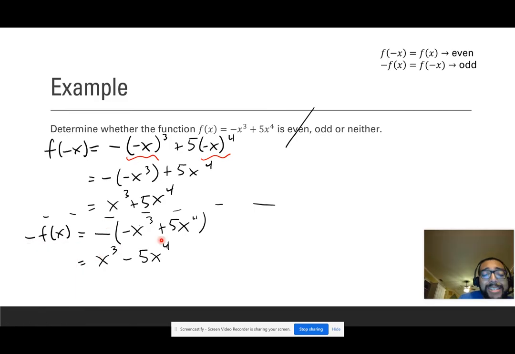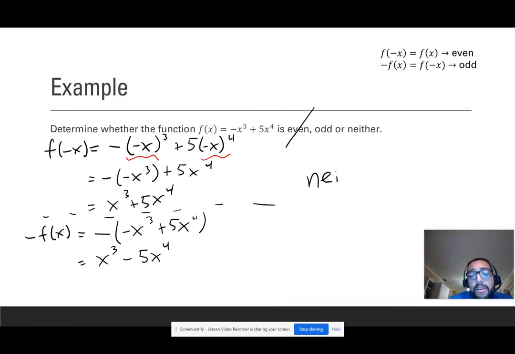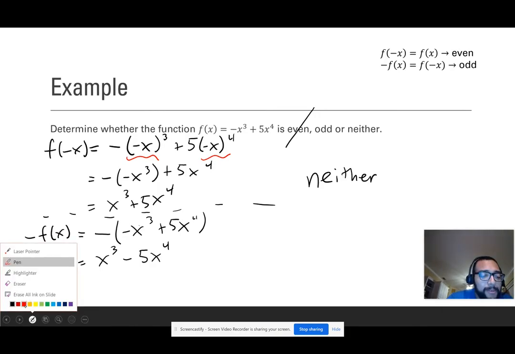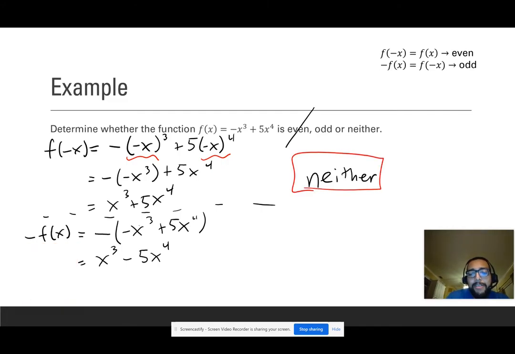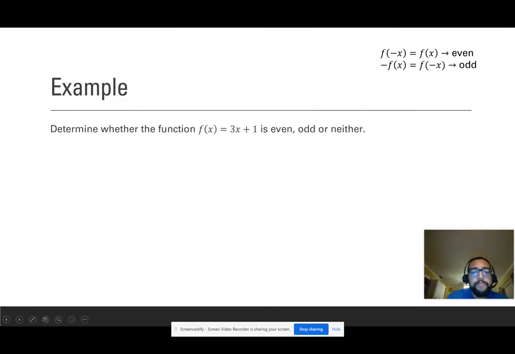So it was very similar, but not all the way there. So that means here we actually fail both of these tests. So we don't have an even or odd function. We have neither. I think that's how you say it. Or neither. Maybe it's cultural.